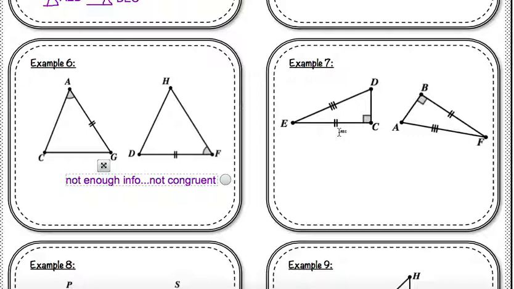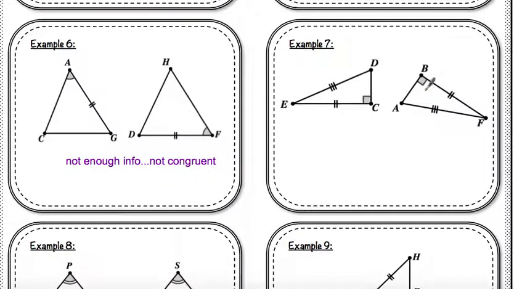Okay, on example 7, I've got 2 right triangles. I think this is the first example where we see two right triangles. The second thing I see is that the hypotenuses, which are across from the right angles, are congruent. They both have 3 markings on them.